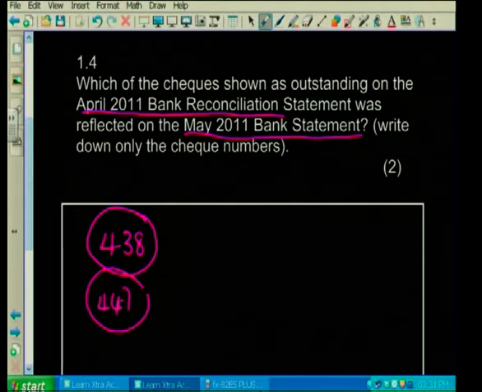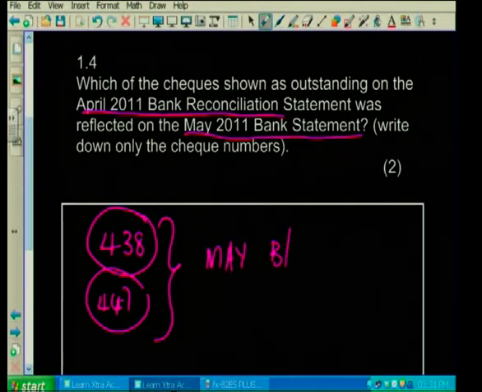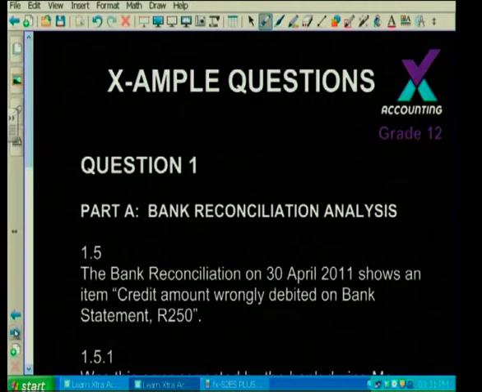We are saying that these two checks here were outstanding in April. They appeared on the May bank statement. As a result, they do not reappear on the bank recon of the next month. So be very careful and understand exactly what the question requires of you. Let's move on.